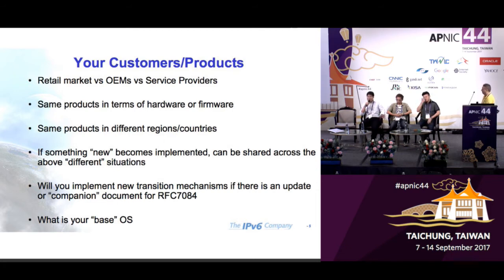So if there is any requirement outside of RFC 7084, we are happy to support it. And since we have been doing network boxes for like 20 years, of course we support lightweight DS-Lite. And since there are open source Linux projects, we do have 464XLAT support and that implementation. However, we just didn't have that in the retail market for consumer users. Thank you.